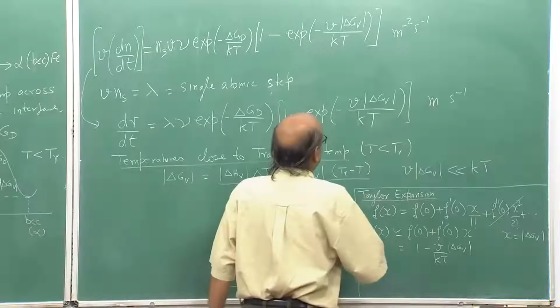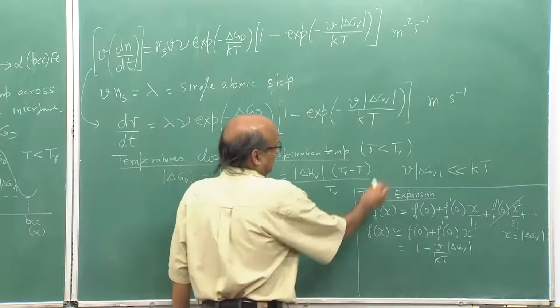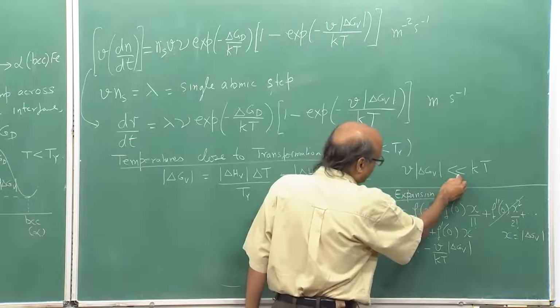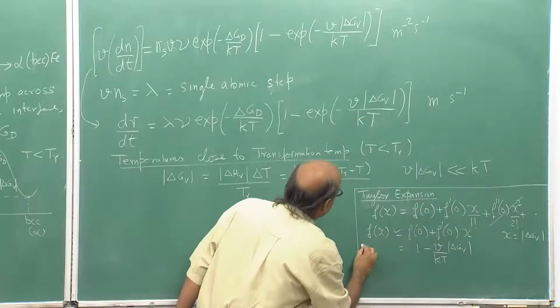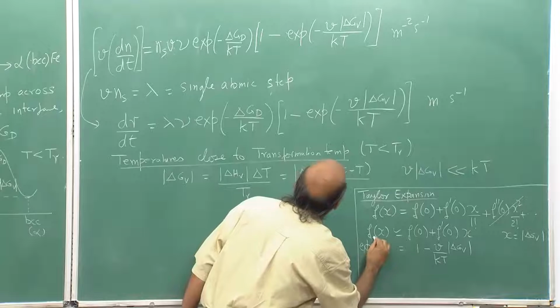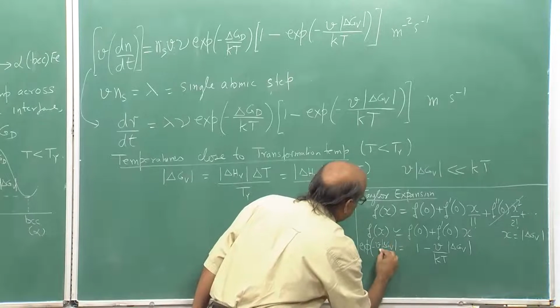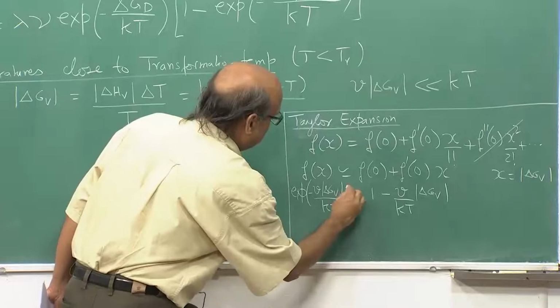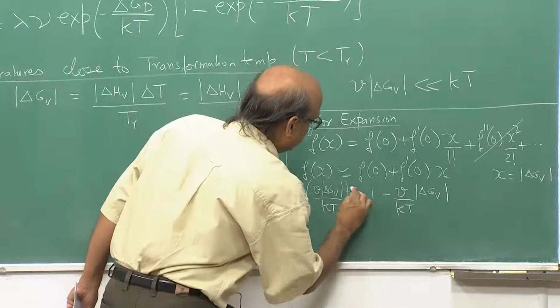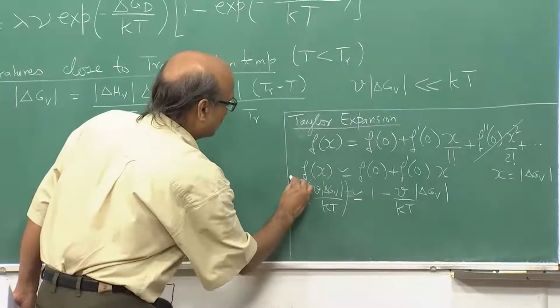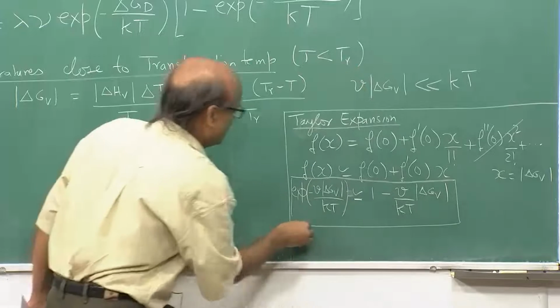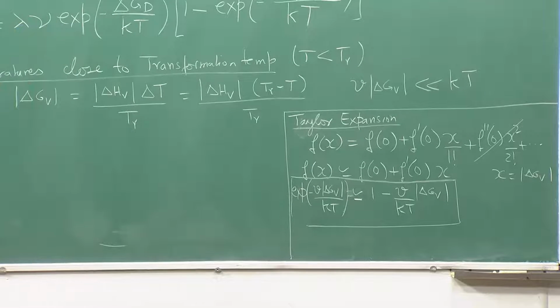So what this is telling us is that for v delta GV much smaller than kT, the function which is exponential minus v delta GV upon kT can simply be approximated by this.